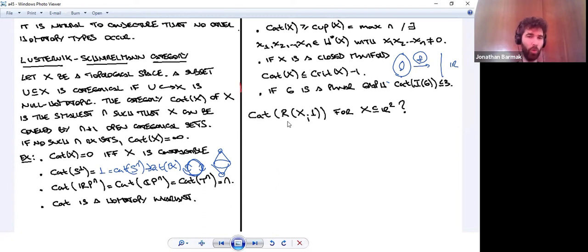So the question is, what can be said about the Lusternik-Schnirelmann category of these complexes? Is there any restriction? We are going to assume that the set is connected. If it is disconnected, the category could be arbitrarily large. This is not interesting. So suppose that this is connected, and then we can apply this to each connected component.